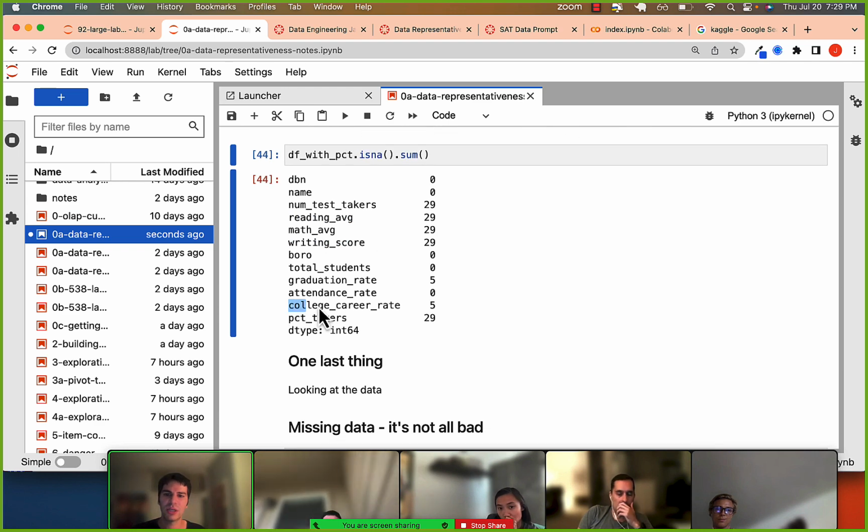Sometimes with things like the college career rate, if you're like, okay, this is the number of students in the school, and this is the number who attend college, right? These are all different factors that then contribute to, say, a higher math or writing or reading score, right? And so maybe in that case, you don't want to throw away the entire row just because you're missing one component that is predictive of a score. So in that case, what you generally do is you replace the missing value with the average.